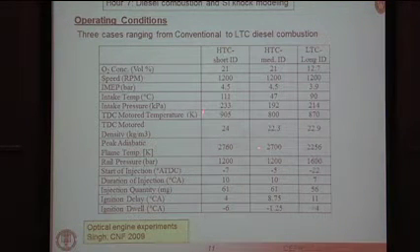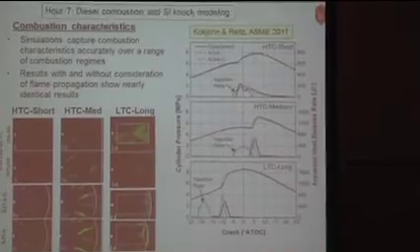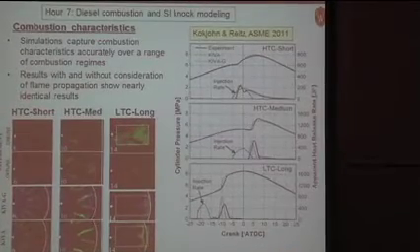You can see some of the other parameters here. It's 1,200 RPM, relatively light load, around 4 bar IMEP. So 3 different conditions: high temperature combustion with short and medium ignition delays, and then low temperature combustion with a long ignition delay.